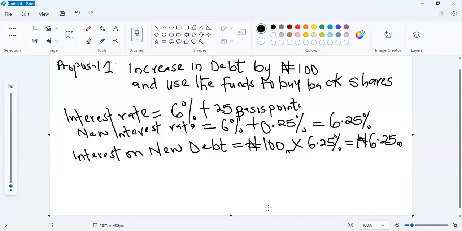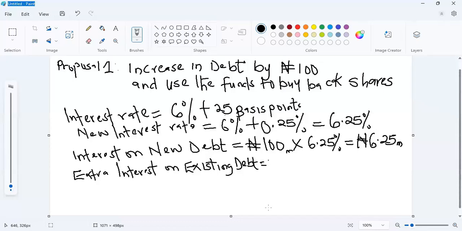We now need to introduce 25 basis points to the existing debt. I'll now come here. Extra interest on existing debt.